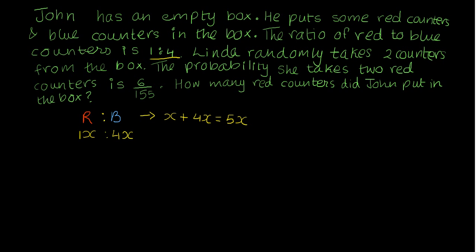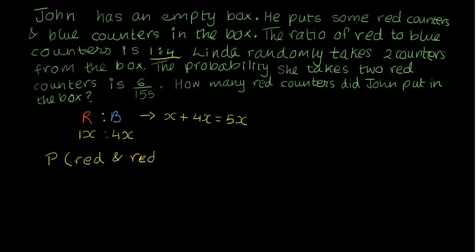Okay, now the question says the probability that she takes 2 red counters is 6 out of 155. So if she took the first red, let's do probability of red and red.